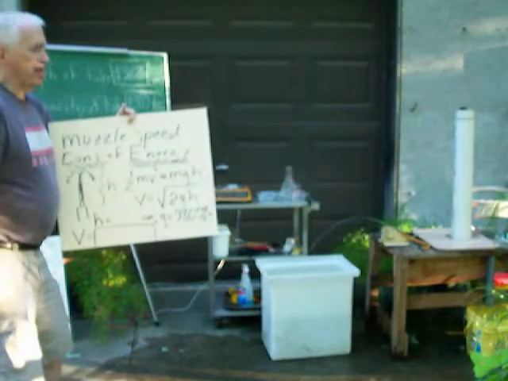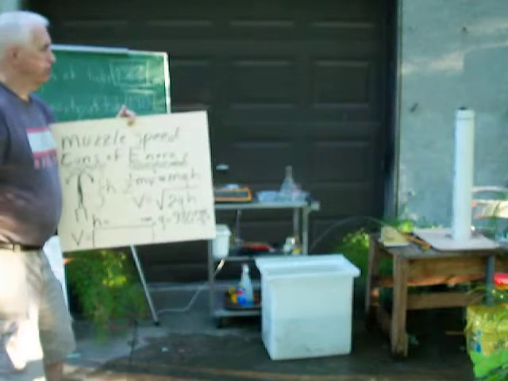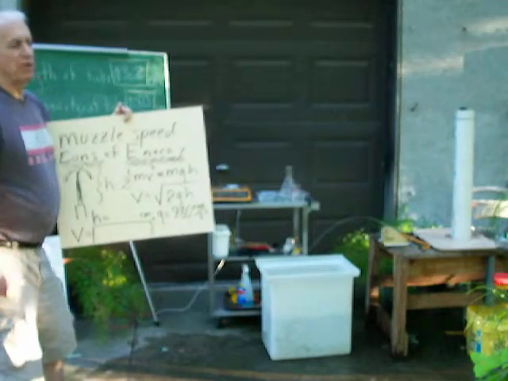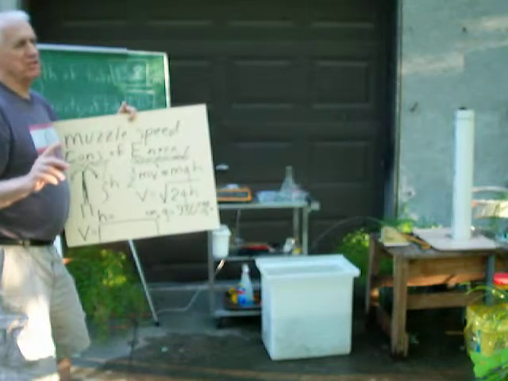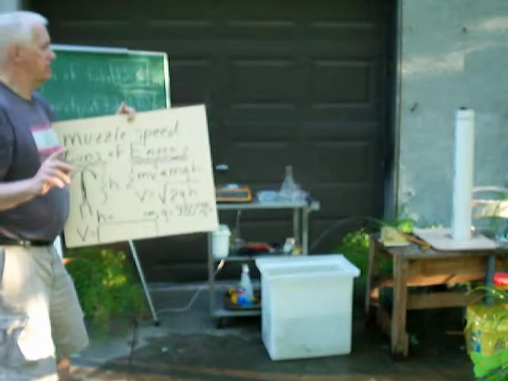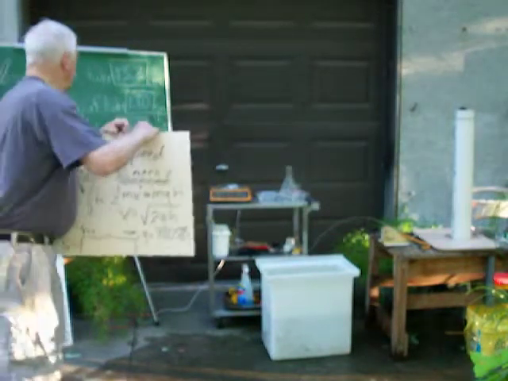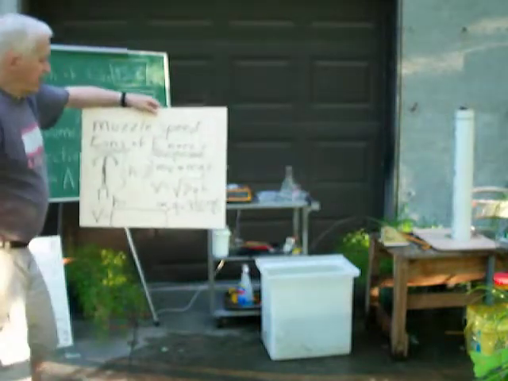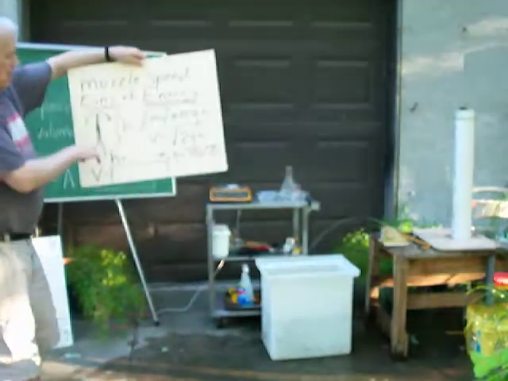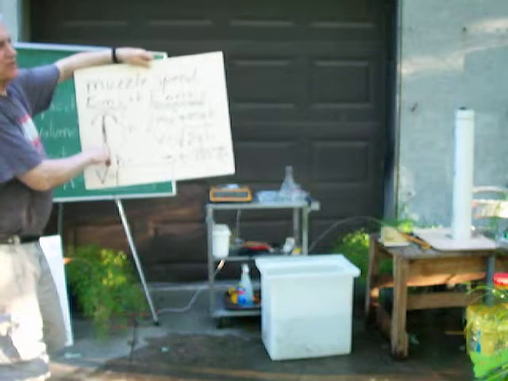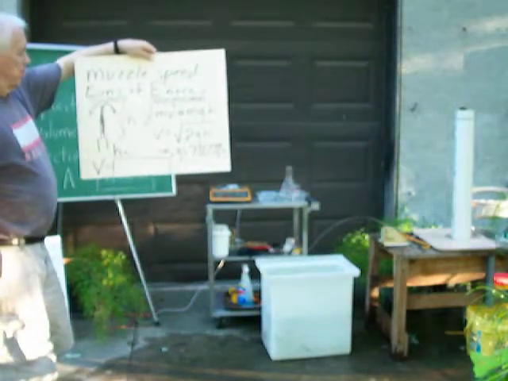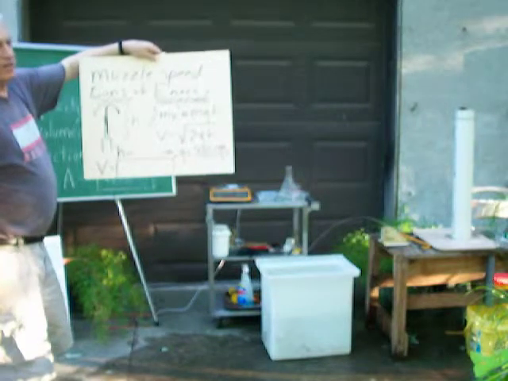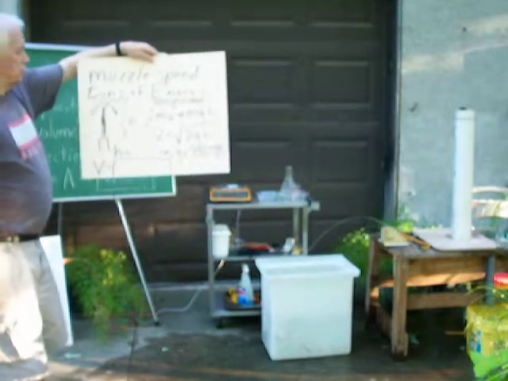I'm going to take that tube and change its orientation, but not the height of the tube, so it'll still be the same pressure head to the end of that tube. When I aim it straight up, I'll set the potential energy level at the muzzle as 0 joules.